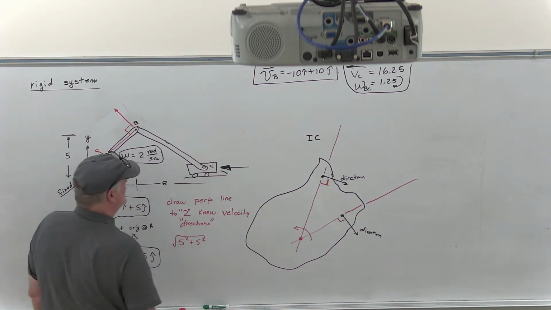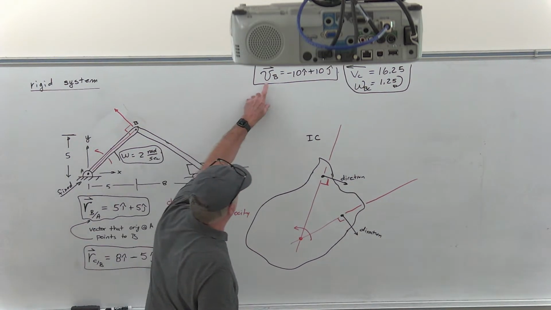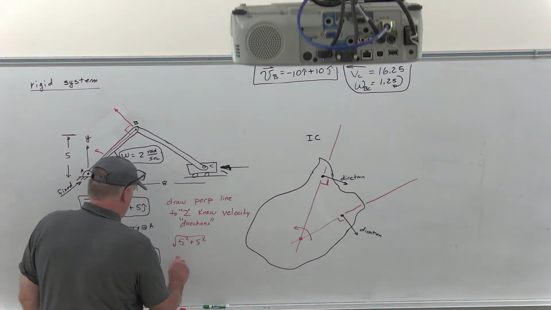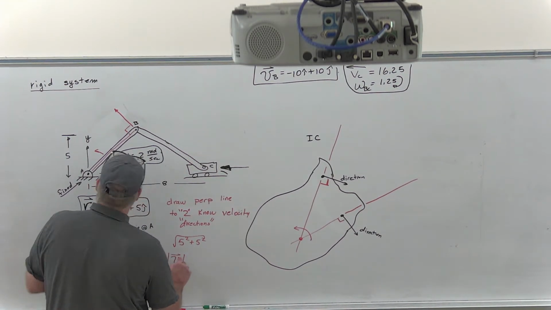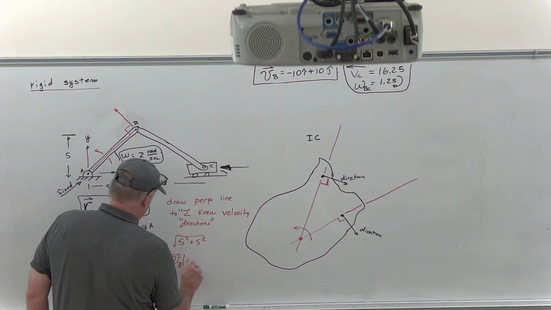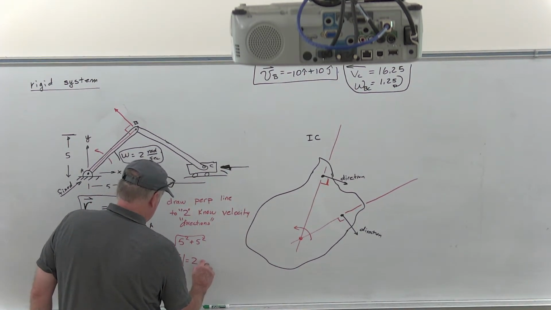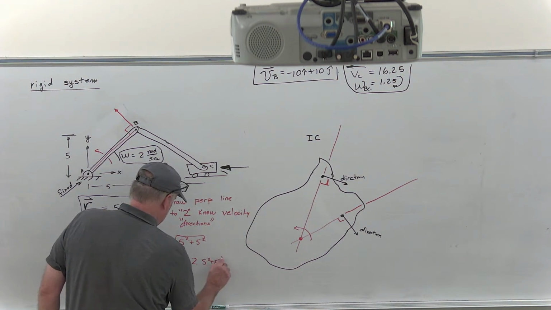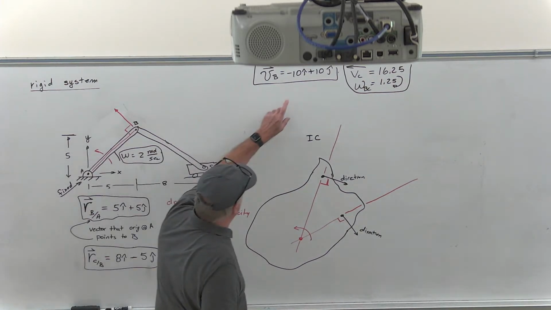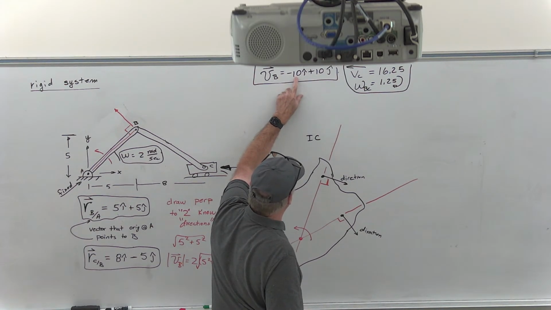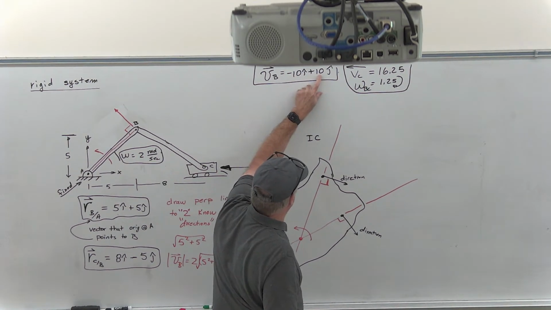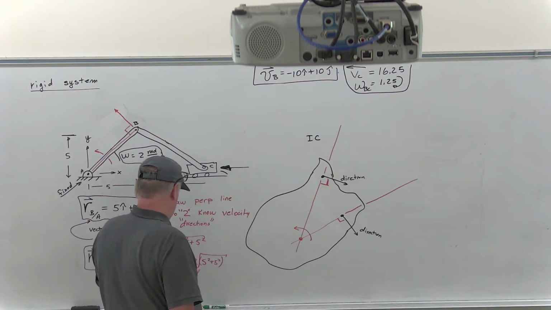So the velocity, did I ever find? I never actually found the velocity of B. I found it in component form. So if you look at it, the velocity magnitude at this point B is equal to 2 times the length of that. If you look at a vector that's 10 and 10, then the length of it is the square root of 10 squared plus 10 squared.